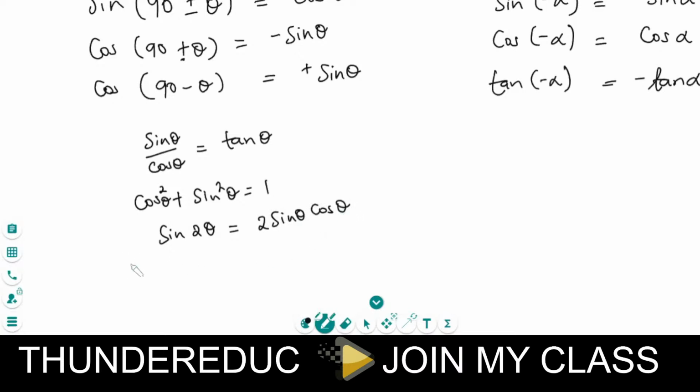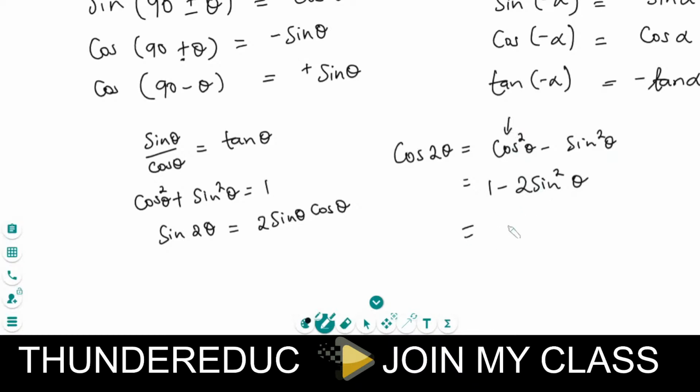And then we also need to remember the double angles of cos, whereby cos 2 theta can be expressed first of all as cos squared theta minus sine squared theta. Then when you go further, it can still be expressed as 1 minus 2 sine squared theta. That is when you convert the cos squared theta into an element of sine.